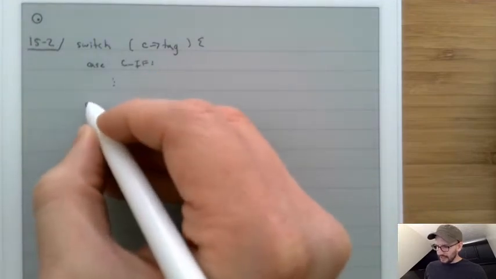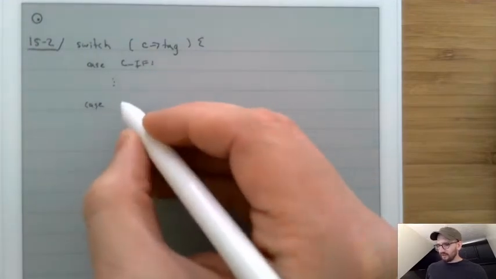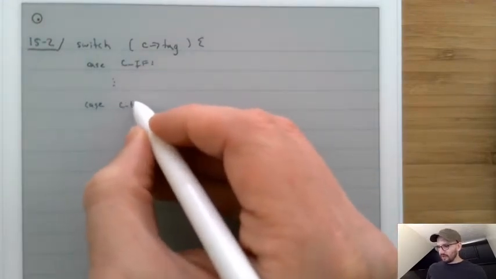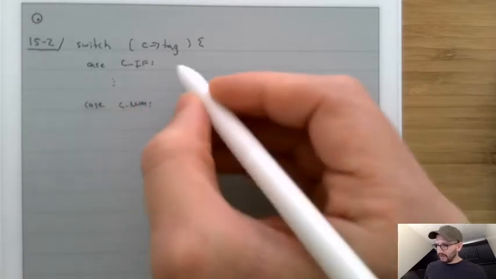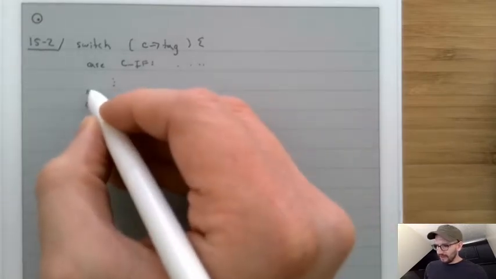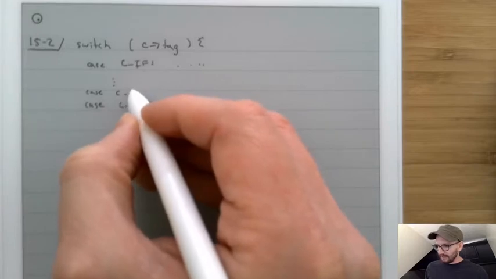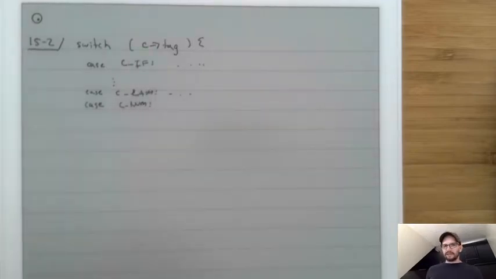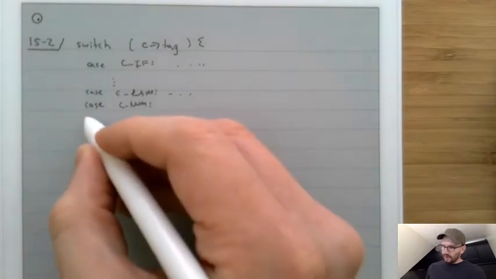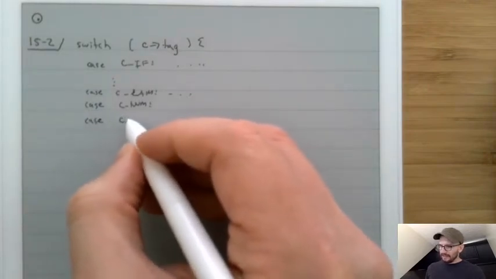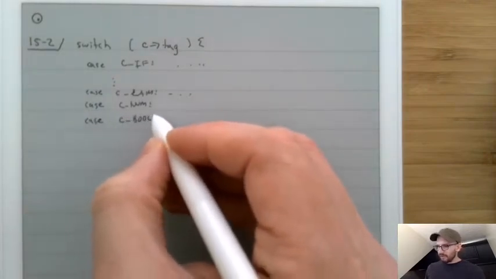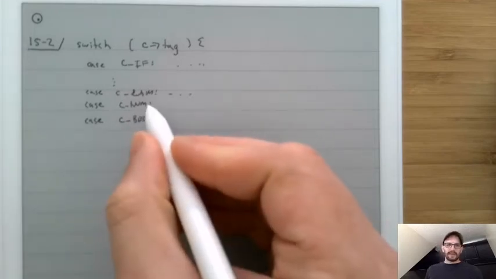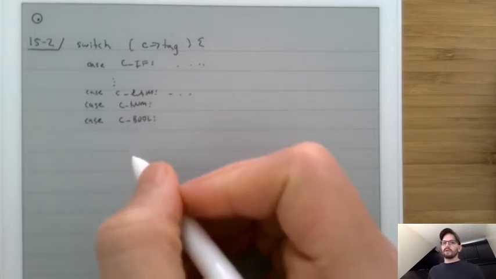Eventually you're going to get down to the case for when it's a number, and there would be actual code right here. And then there would be a case for when it's a lambda, lam, and so on. But there'd be a case for when it's a number, or when it is a bool, and these would all be together. So there would be case number, and then immediately after that, case bool.